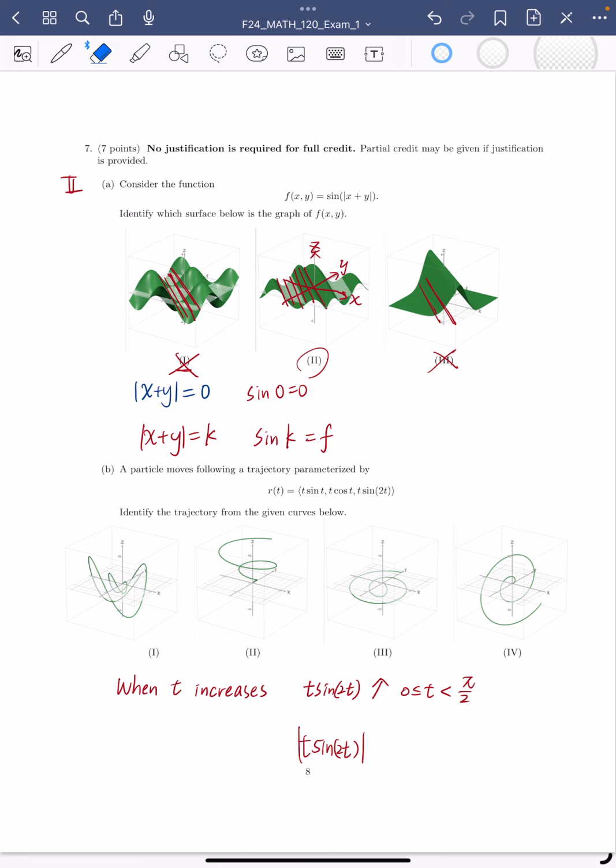So let's see. Could it be 2? Not likely. It only has values in the positive z's.